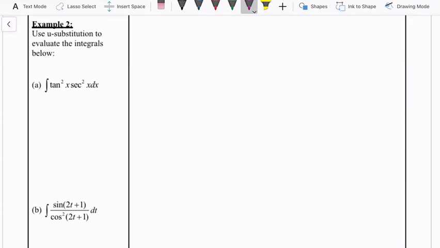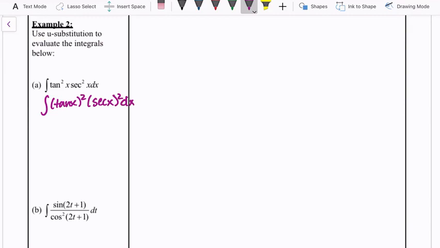So this is where it's going to come into play, where we have to think of what could be our du. So which one of these terms could be the derivative of something else? Well, I know that I could rewrite this integral. Like, imagine that we rewrote this integral as tangent x squared times secant x squared dx.